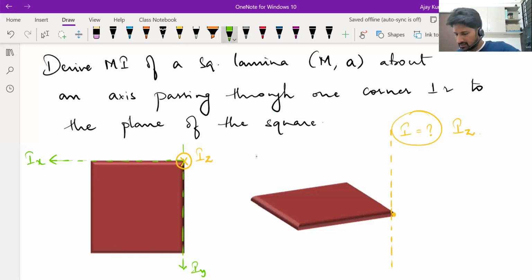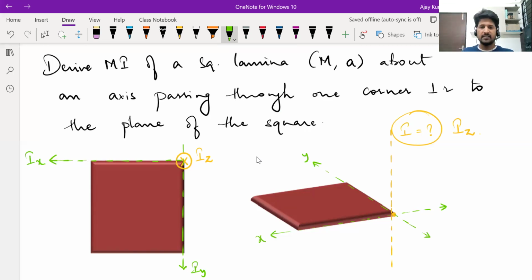You can visualize it in the other diagram also. This is the x-axis, and this is the y-axis.